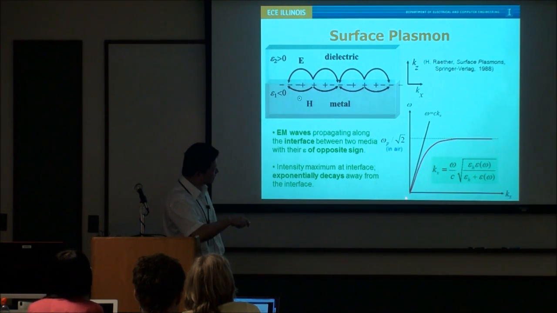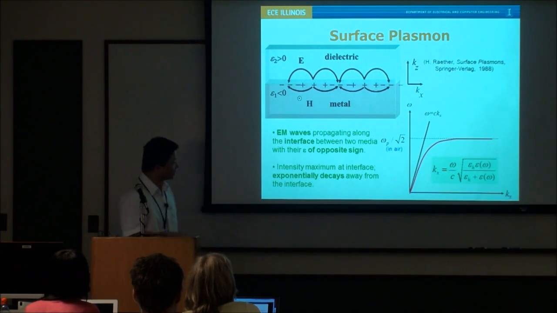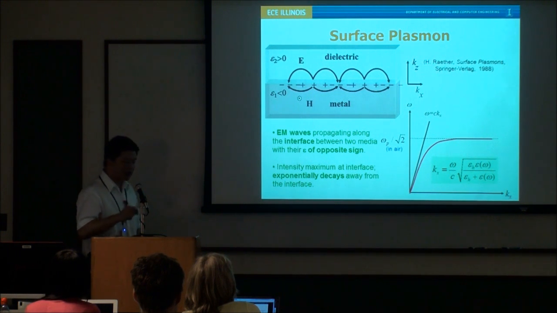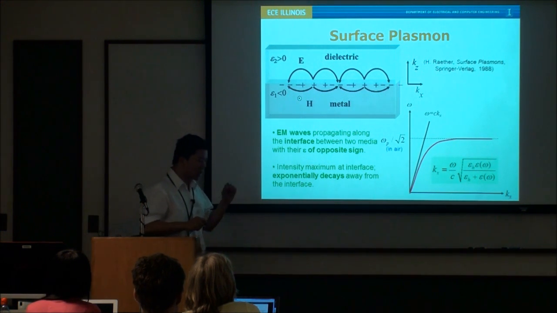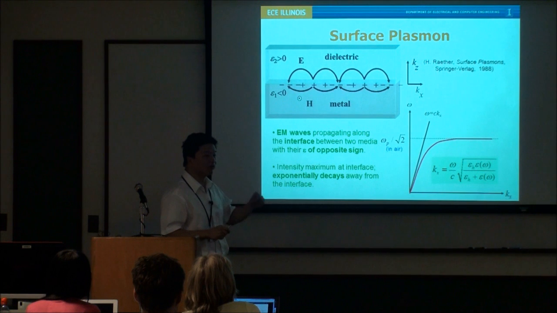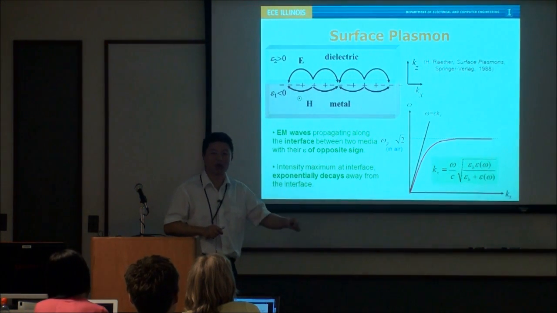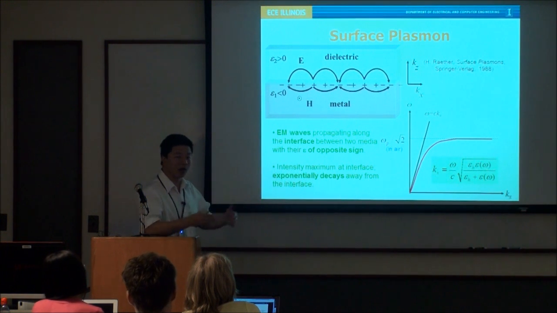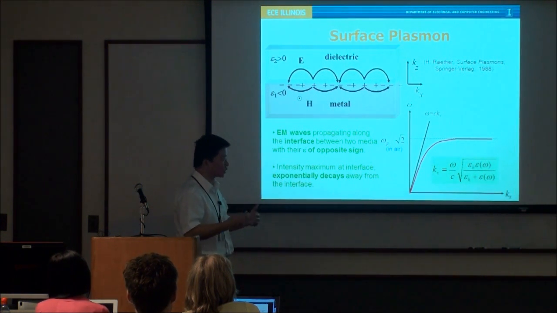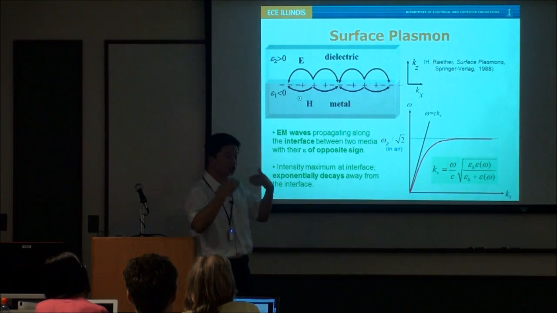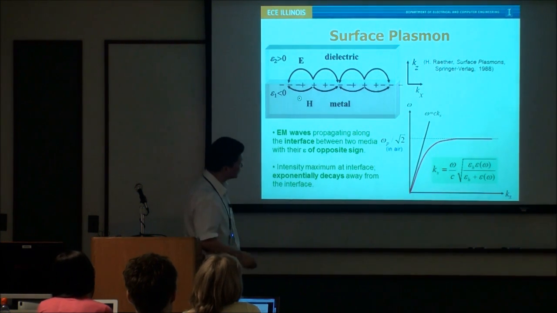But if you have a surface plasmon, for the same frequency, your K value is much greater. What does that mean? That means this plasma wave allows higher spatial frequency or higher wave vector to propagate in that material. That's exactly what we want in a superlens, to allow higher K vectors or higher spatial frequency vectors to propagate in that material.